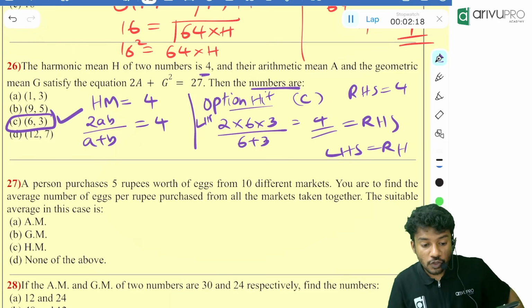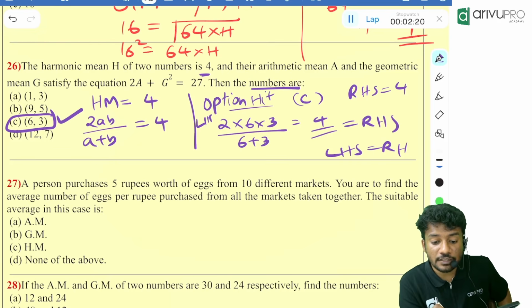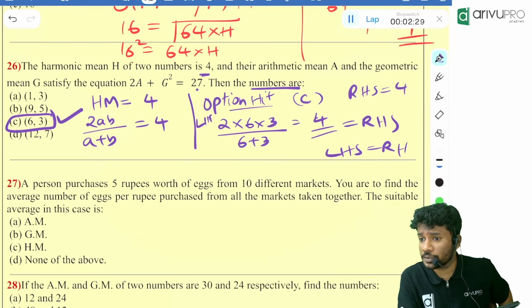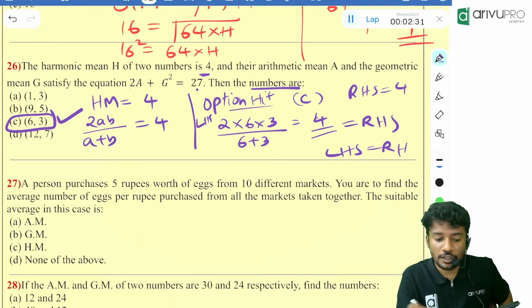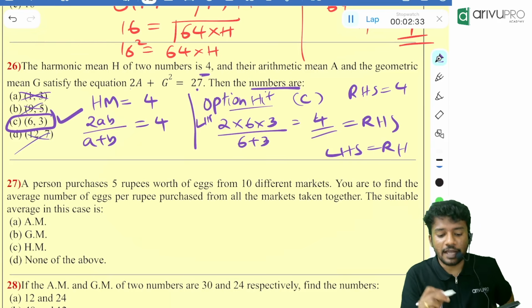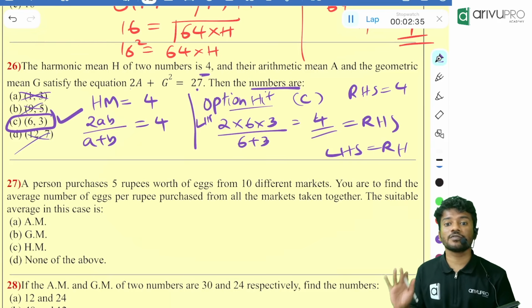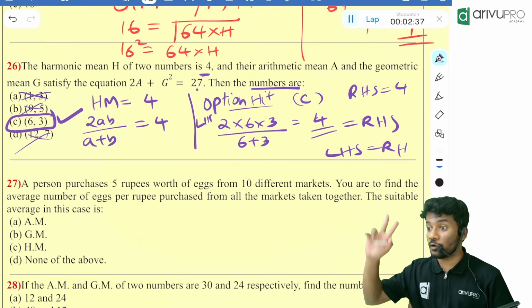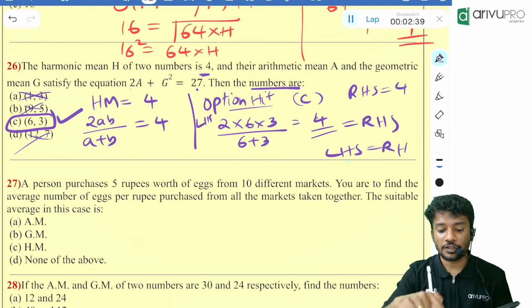Now you are like, sir, there is something else called G square is equal to 27. Now, people, is any other option satisfying this 4? No, no other option is satisfying that 4. That means you can close your question with this option itself. If two options were satisfying, you would need to try this.